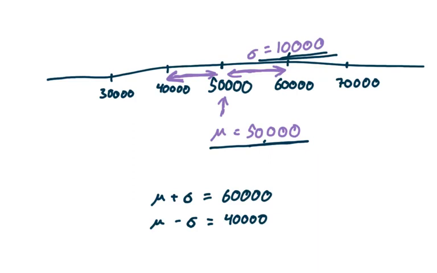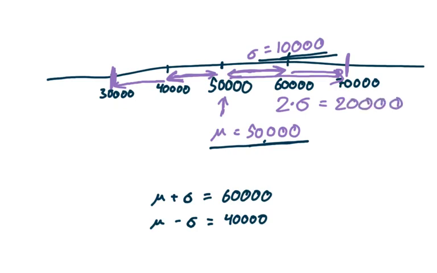Okay, so if I say, what is this range from 50,000 to 70,000, and then on this side from 30,000 to 50,000, notice this. If I'm saying this whole spread from 30,000 all the way to 70,000, what would that be? Notice I've got on this side 2 copies of sigma. This is 2 times sigma, also known as 20,000.